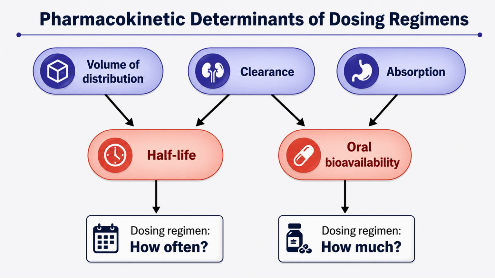So as we've discussed, the important questions that a physician asks when administering a drug might be, how often does the patient need to take the drug? How much drug does the patient need to take? And then, of course, we have to first consider half-life and route of administration, right? How much is going to be usable after first pass effect?